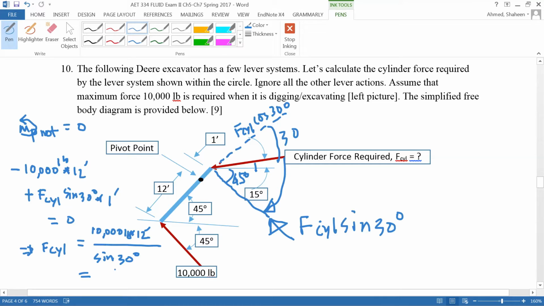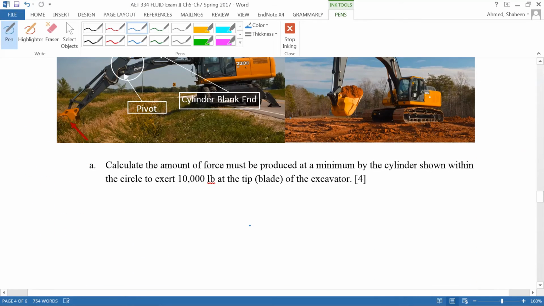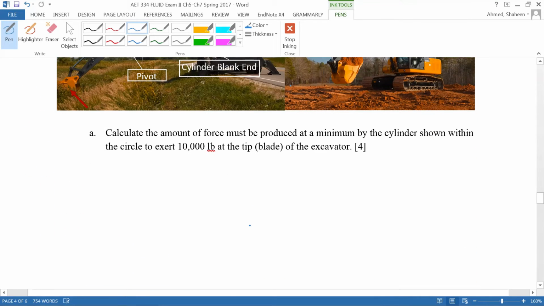So I got 24,000 pound force, like that. So that is the cylinder force developed, which is actually what you are asked to calculate here. So the cylinder force F cylinder was calculated as 240,000 pounds, or 240 kips.